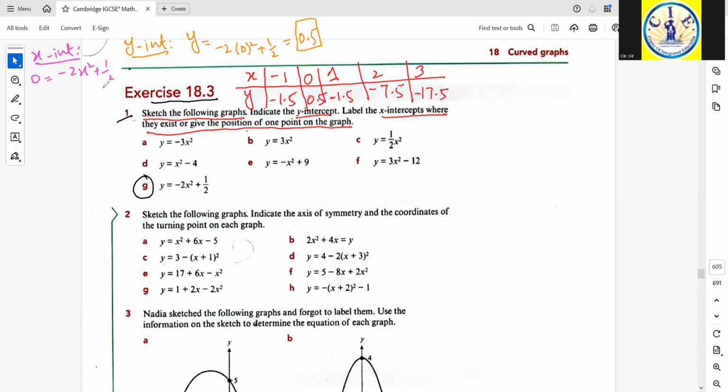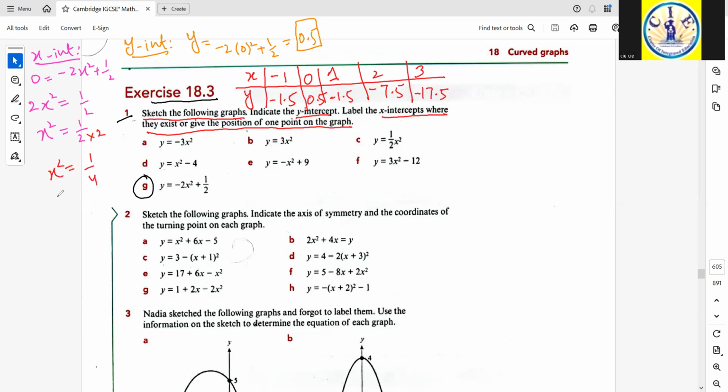Now solving it, let me shift this negative 2x squared to that side. That would become positive 2x squared equals half. Now shifting this 2 to the other side, it gets divided and comes into the denominator. So we have x squared equals 1 by 4.